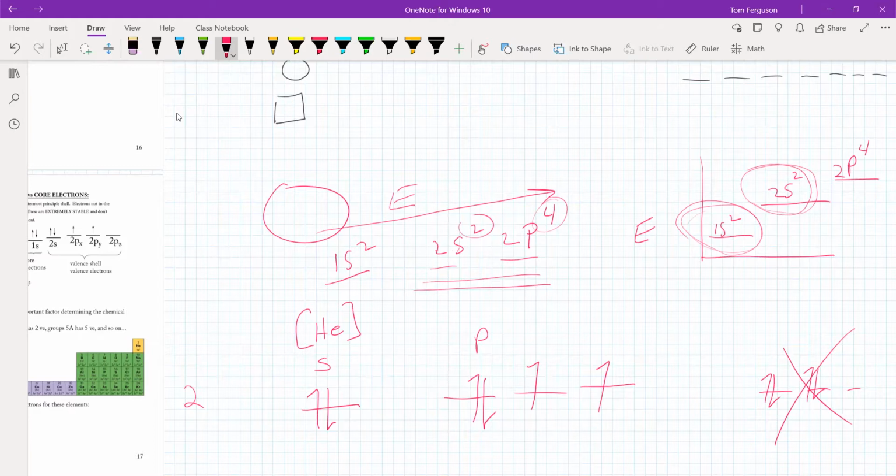Now, a couple comments about that. Nature likes symmetry. This is more symmetrical than that. This is very lopsided. Nature does not like that. It's not symmetrical as this one here is. I want you to keep that in mind.